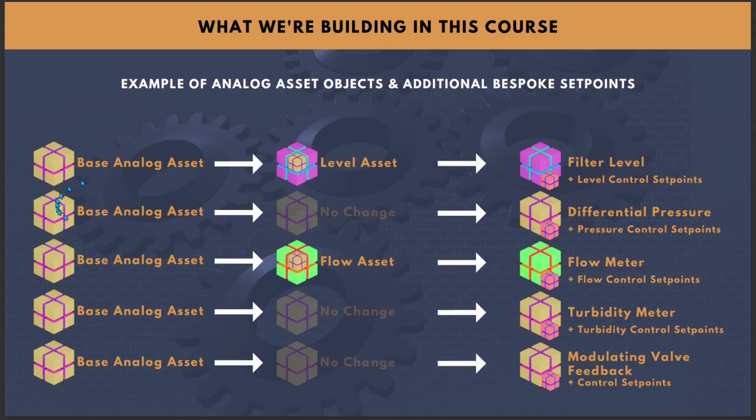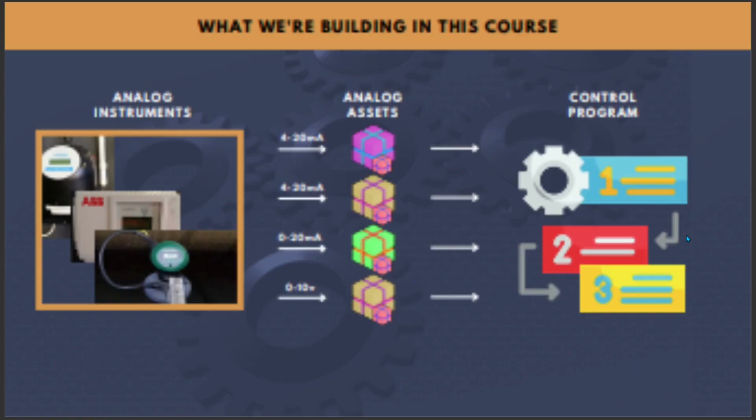And then we'd also have a base analog asset here, which would become our differential pressure, and the same for all of our instrument assets, varying them when required for their specific needs. So we can see here that the differential pressure, turbidity meters, and modulating valve feedback do not need any special requirements against our base analog asset, but our flow meters and level assets do. So we'll go through that as we build the system.